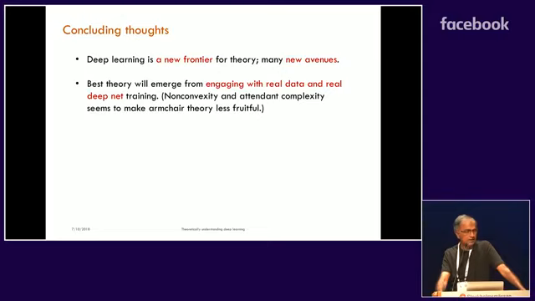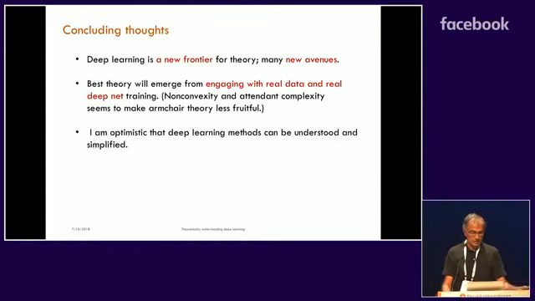But today we are in this postmodern mode where we're looking at what's going on empirically to even begin to come up with a guess for what the theory might be. So I think that's very important, and we theorists should have our students engage with real data and real deep net training.